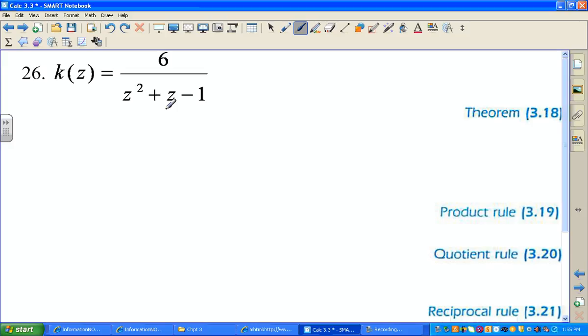No. So the outside top is going to be 0. The first half of the numerator will be 0. The second half of the numerator will be 6 times the derivative of the bottom. Okay? Now, for all those that are having fun with this, the derivative, remember, is f prime g minus f g prime all over g squared.